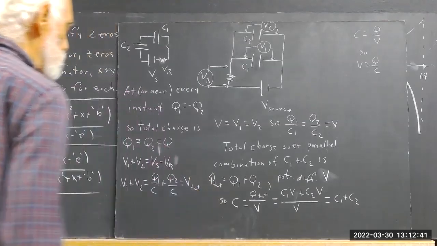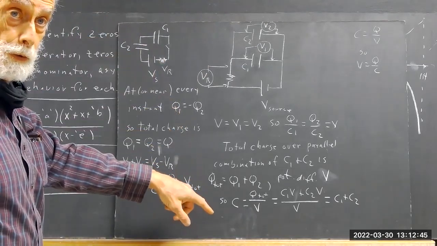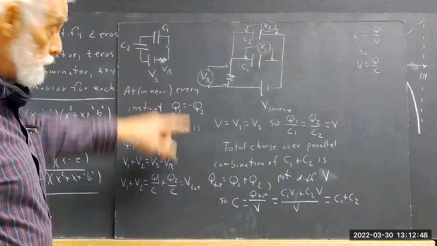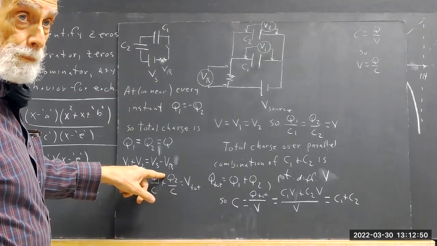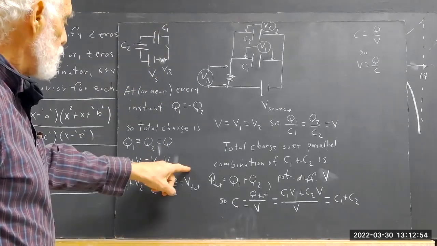We're going to call that the total voltage. Whenever these capacitors are charged, they have some total voltage. It's related to the voltage of the source and the voltage of the resistor. Then we want to include that to get the total picture, but at any instant, you've got some total voltage.